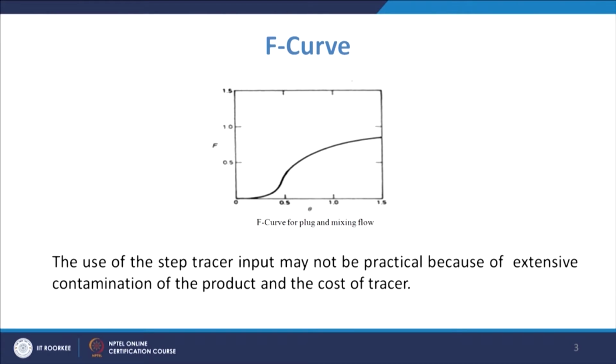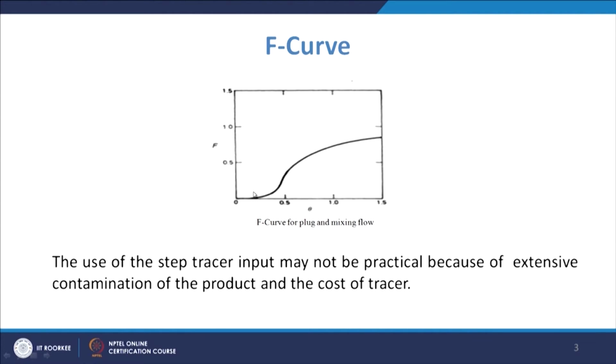So, this way the curve which we get is known as the F curve, and a typical F curve for the plug and mixed flow will be like this. We will talk about what is plug and mixed flow. Once you look at the F curve, from here the concentration starts appearing at the exit.